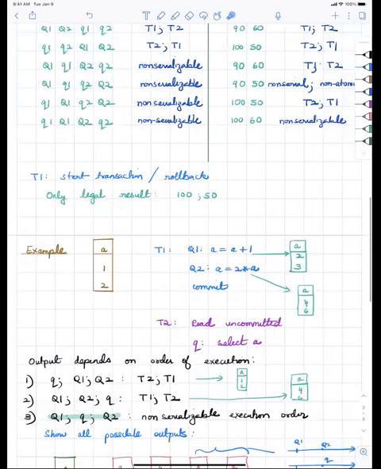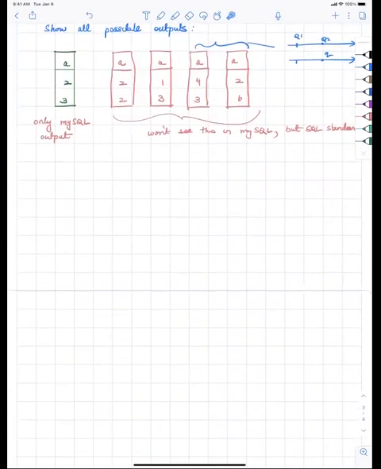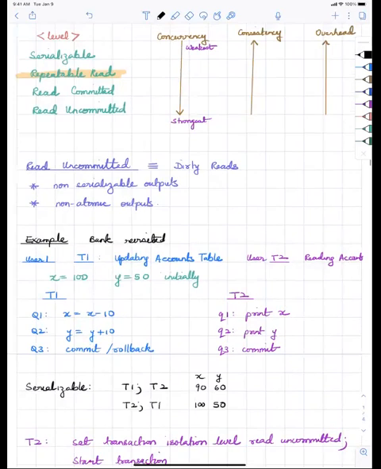Okay, so now let's look at read committed, the next one. In read committed, the output, remember, I wrote down here for read uncommitted that you can get non-serializable outputs and non-atomic outputs.